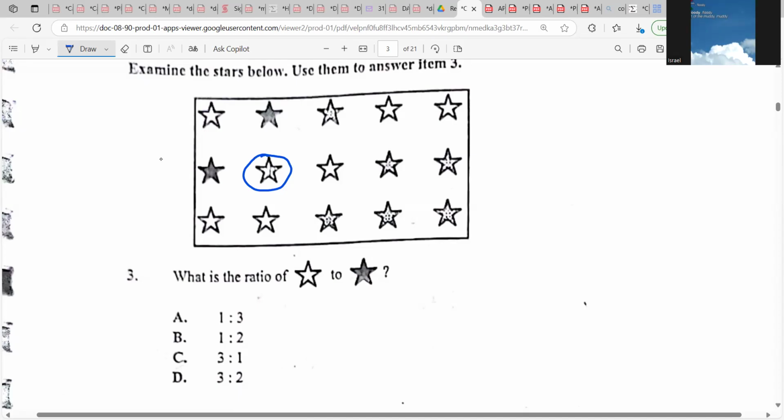It's 3 to 1. There are six clear stars and 2 dark shaded stars. So it has to be 6 to 2, and if you reduce it by 2, it will be 3 to 1. So the answer is C, not A.